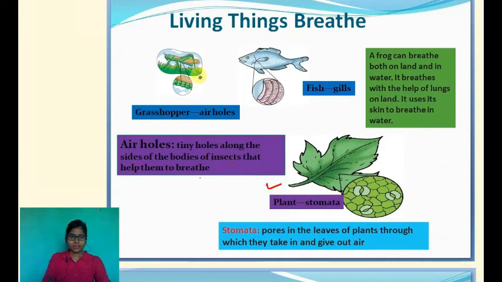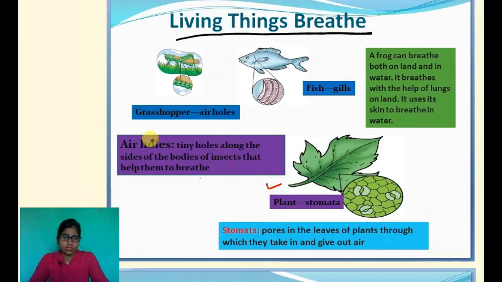Now, the next characteristic is that living things breathe. If you keep your nose closed for 1 minute, or 2 minutes or 3 minutes, what will happen? You will not survive. Without breathing, we cannot keep our nose and mouth closed beyond a minute. We start feeling uneasy.